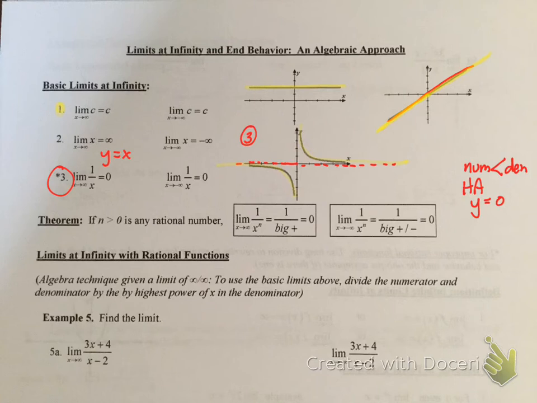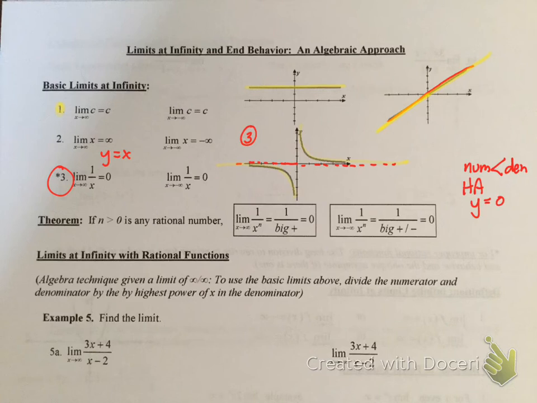And if I have the limit as x is approaching negative infinity of 1 over x to the n, I can get 1 over a big number that's either positive or negative depending on your power, but it also equals 0. So the rule of the world, I guess, is that if I have 1 over a huge number, it's 0.